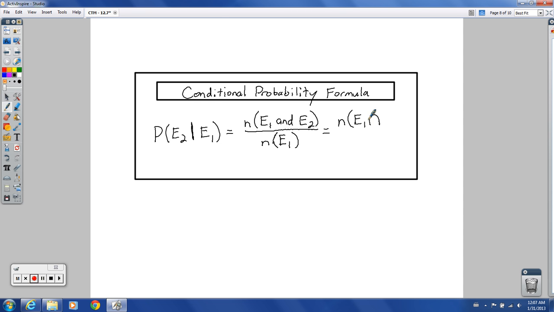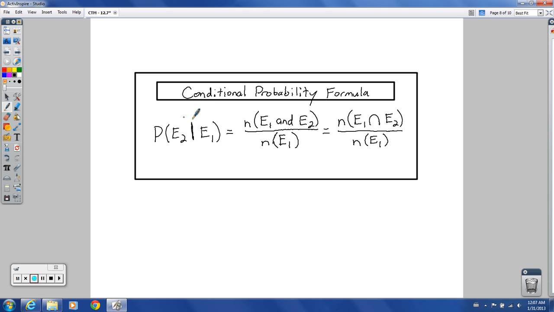So given the number of things in their intersection, divided by the number of things in the given part. So given that this has to be true, this part down here is the total number of things in the given part, and this is the number of things that they both have in common. And if you are using this specifically, you might ask, what does n stand for?